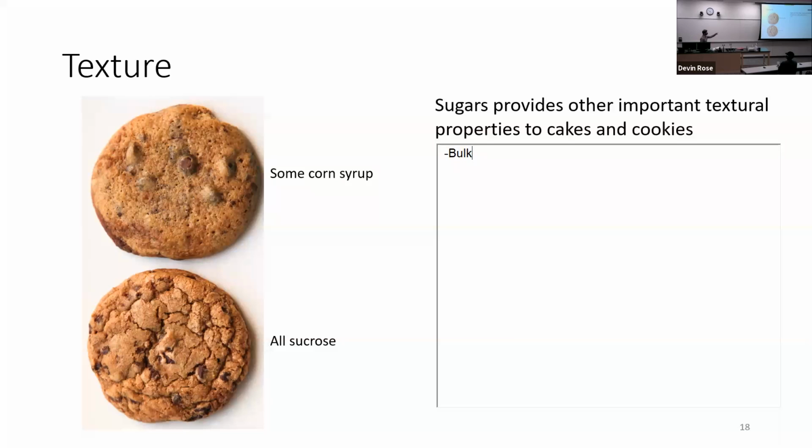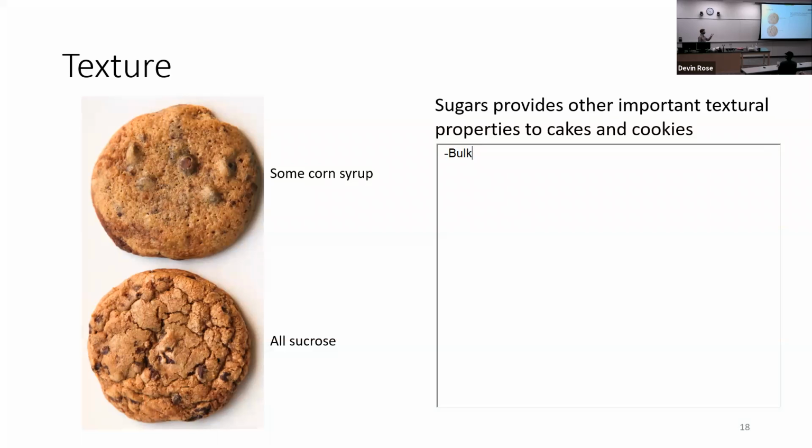So like in these cookies here, you're adding a large amount of sugar. And so that's a large amount of solids to this product. And if you took all that out, say, and replaced it with an artificial sweetener, you would take out all those solids, and the properties of that product would completely change. So it's really important that bulk is provided.